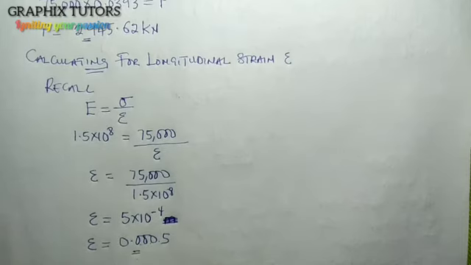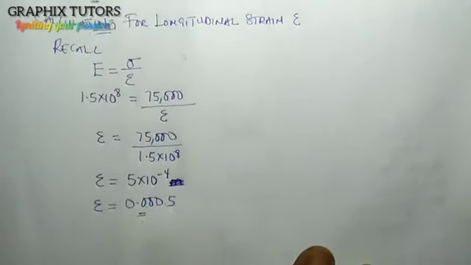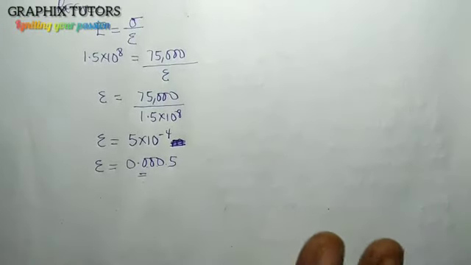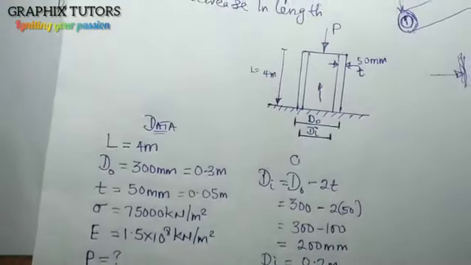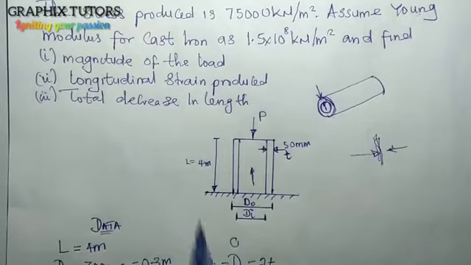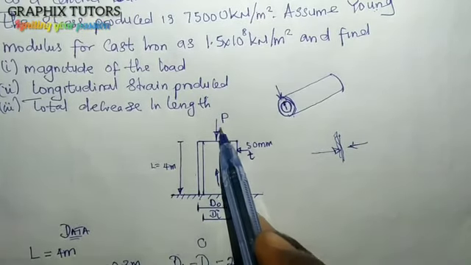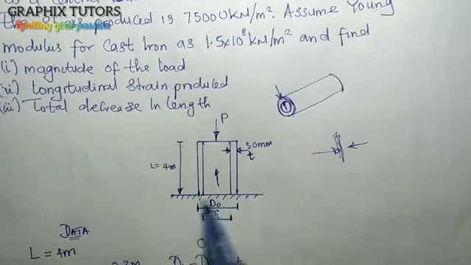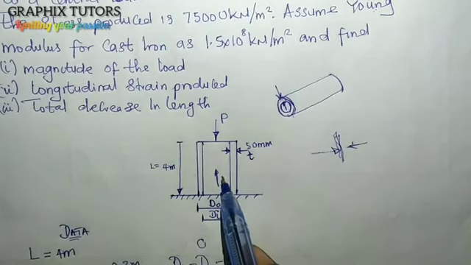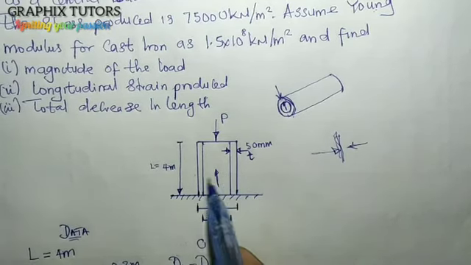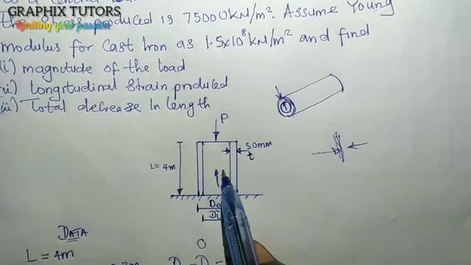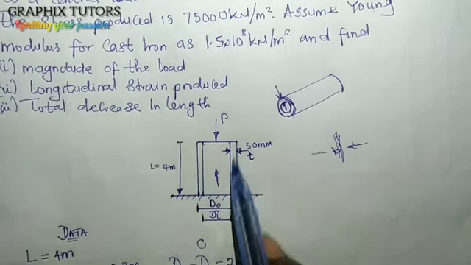Then the other aspect we're calculating for in the question is the total decrease in length, right? Because when you apply a push force here to compress this, the ground is also reacting to the force, causing a force of compression. So there will be a decrease in the pipe.